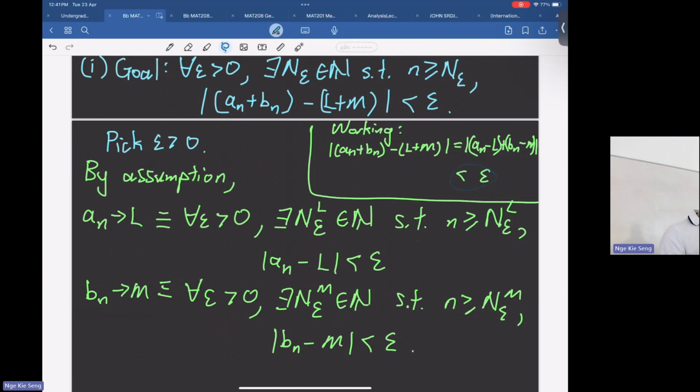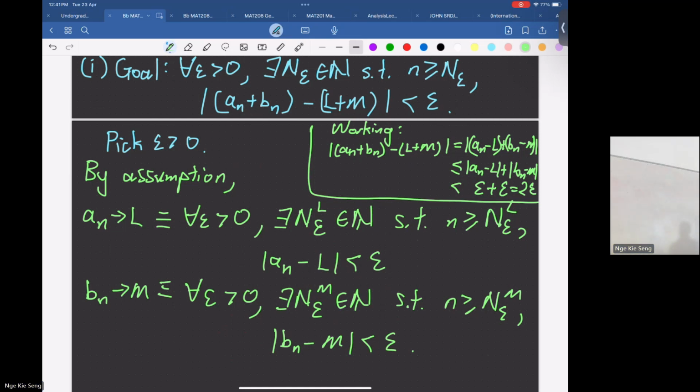So what do I get if I use the triangle inequality? I get absolute value of an minus l plus absolute value of bn minus m. But just now I said that this is bounded by epsilon plus epsilon, so I get 2 epsilon here. Is it okay or not? Why?